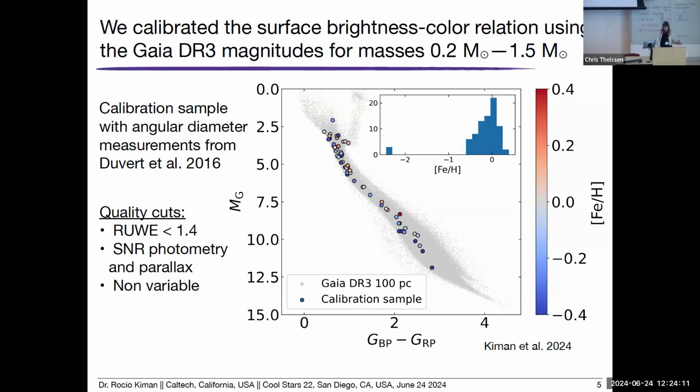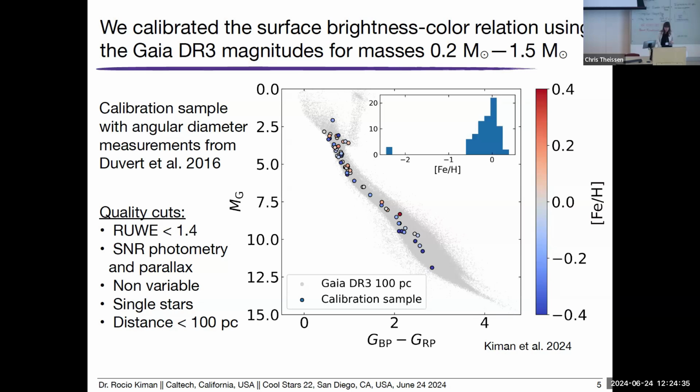We selected stars that were non-variable or classified as non-variable as single stars and to a distance less than 100 parsecs. That is to try not to care about extinction, so those stars will be less affected by extinction.